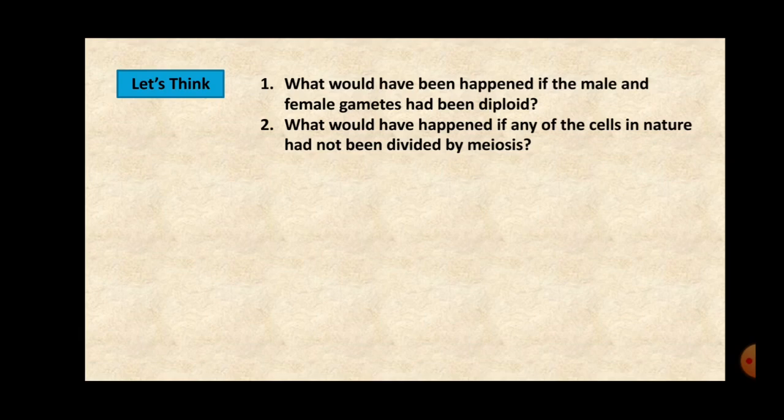So when both the diploid gametes combined, they would have produced a tetraploid zygote, which would have created abnormality, and the number of chromosomes would not be maintained. Okay.